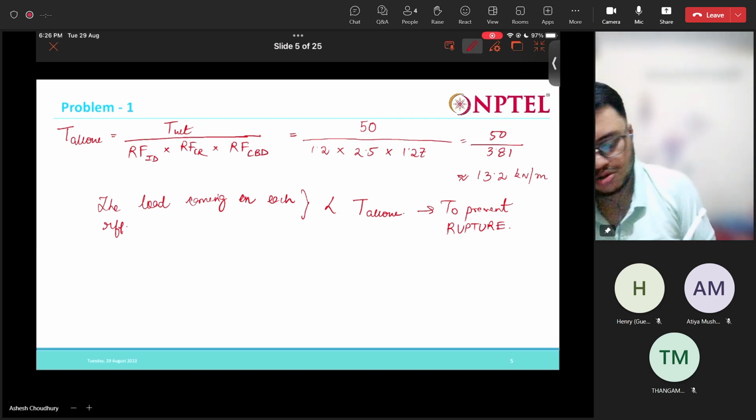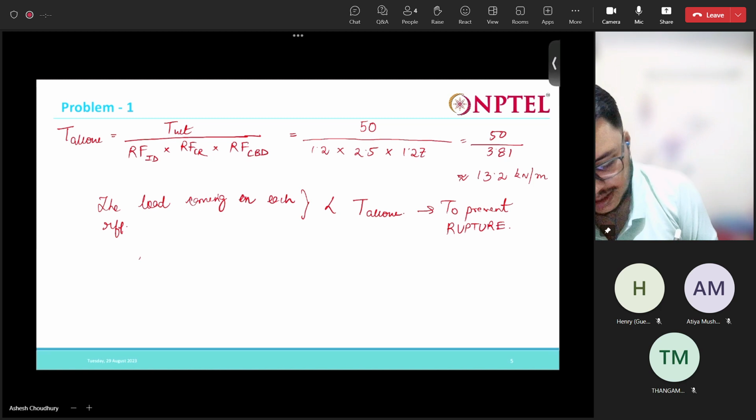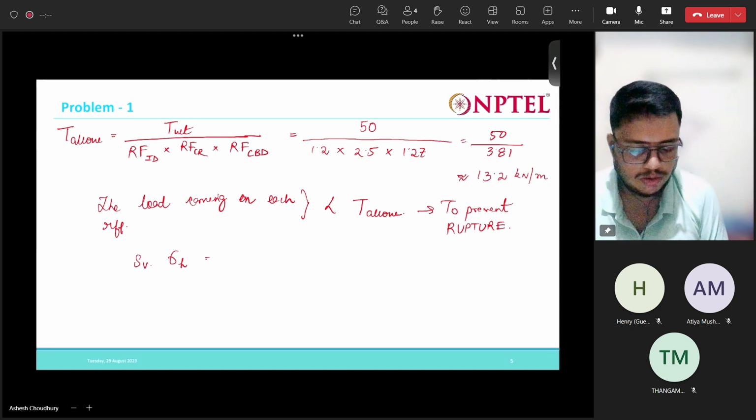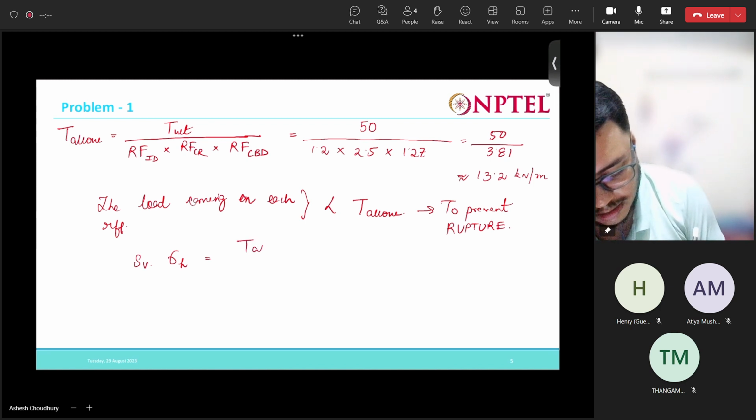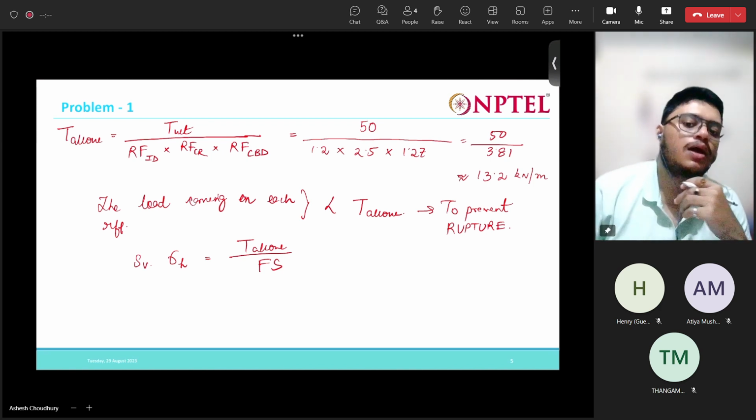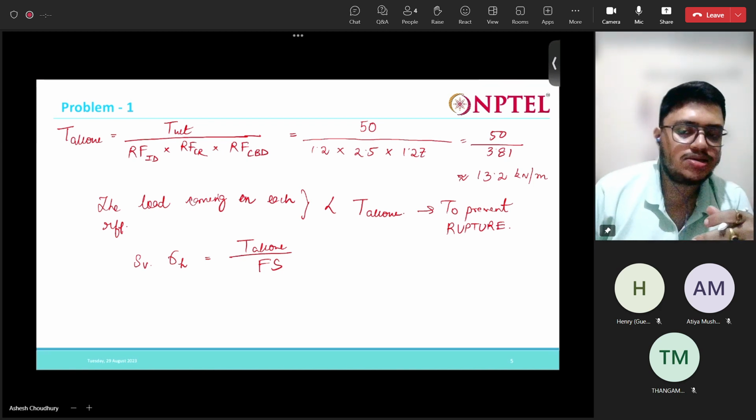So what we will be doing is writing that SV times the horizontal pressure, that will give us the load coming on the reinforcement, is equal to T allowable by some factor of safety, because it has to be less than T allowable, right?